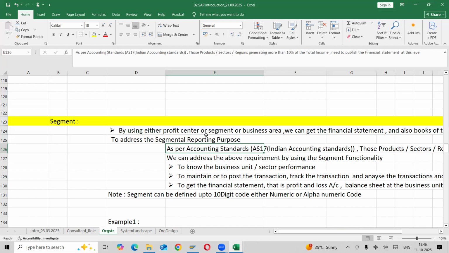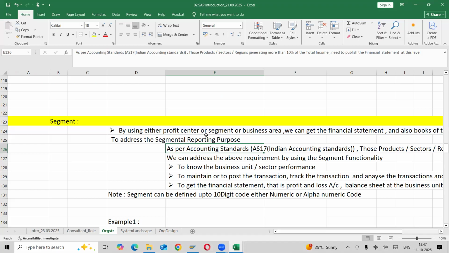If 10%, that is 10 rupees, is generated by Hyderabad, then definitely as per accounting standards, we need to publish the Hyderabad financial statement. If it is less than that, it's not required legally.